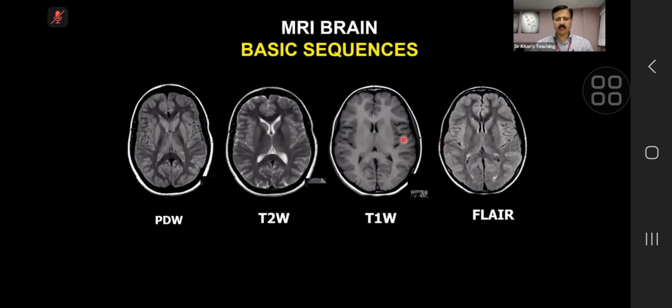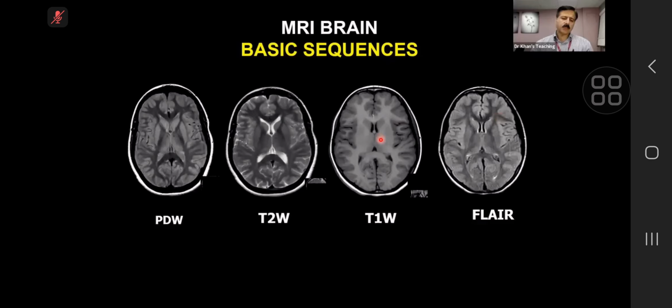The common thing is that on both of them, the CSF is dark, and that is why they are confused. So the rule is once you see the CSF dark, which is like water, like CT scan, look at the white matter, and you will see that on a T1 weighted sequence, the white matter is white, but on a FLAIR, it is dark.